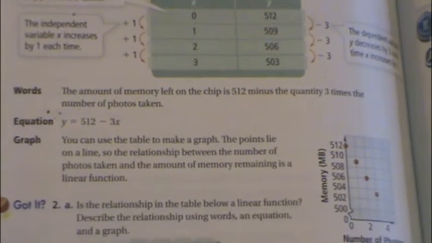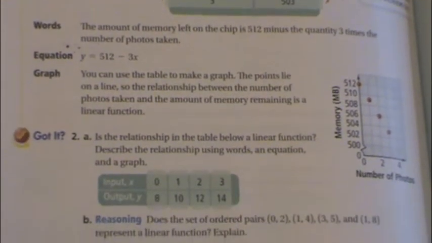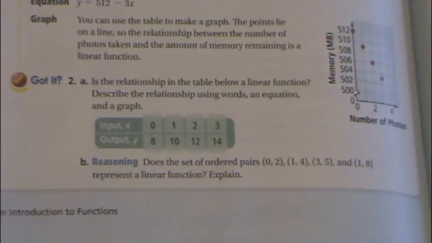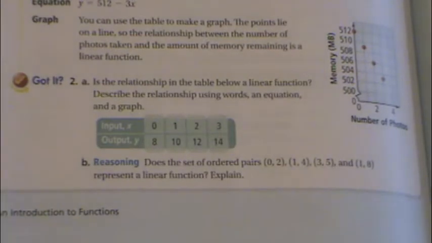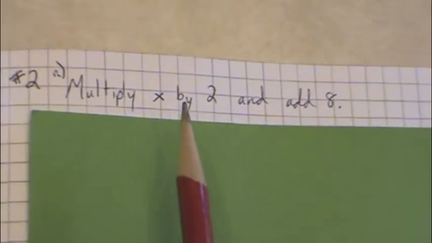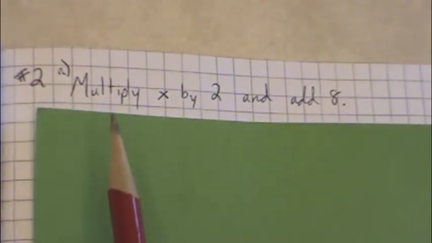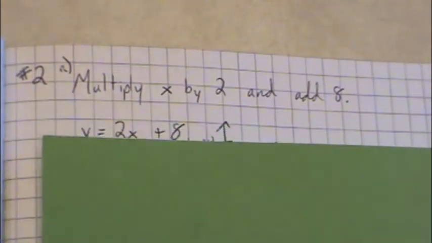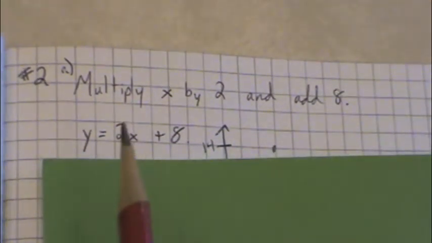Try this on your own. Got it? Number 2 is the relationship on this table on page 242, a linear function. Words if you need them, an equation, and a graph. So the words that you used or thought through should have looked something like this: multiply x by 2 and add 8. That's a little bit flexible. This is not. Y equals 2x plus 8.